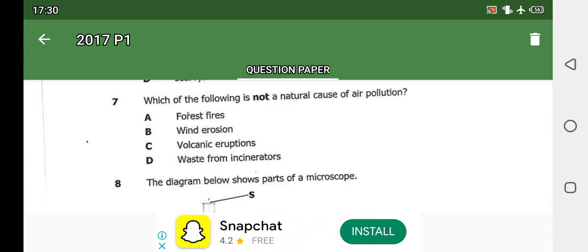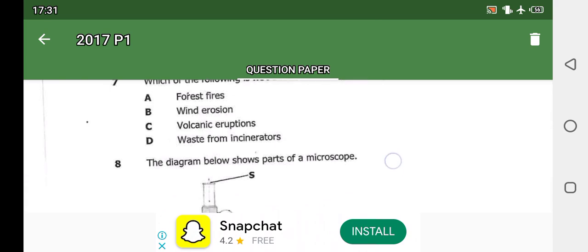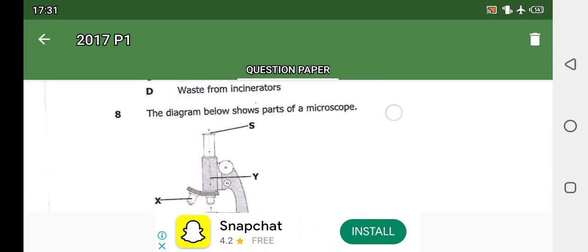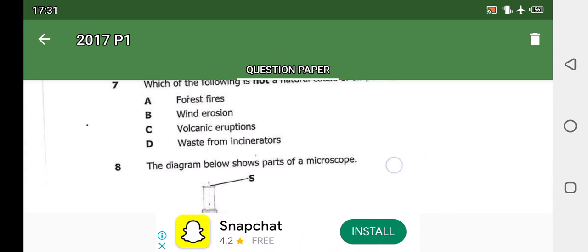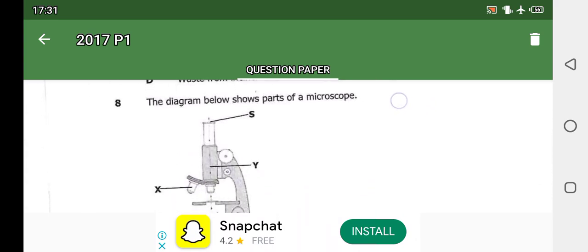C, volcano eruption. D, waste from incinerator. So the best answer is... forest fire, no. Waste from incinerator.